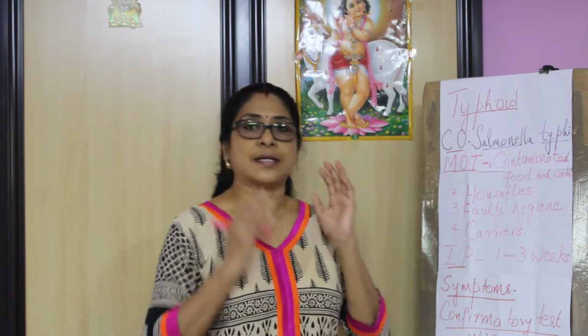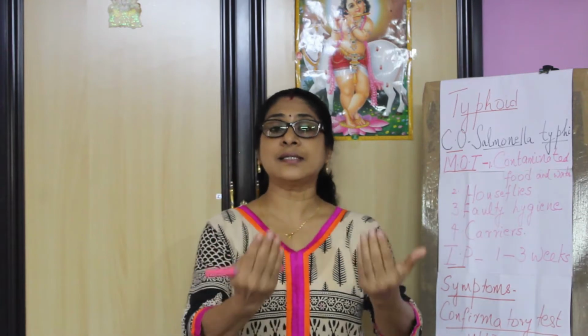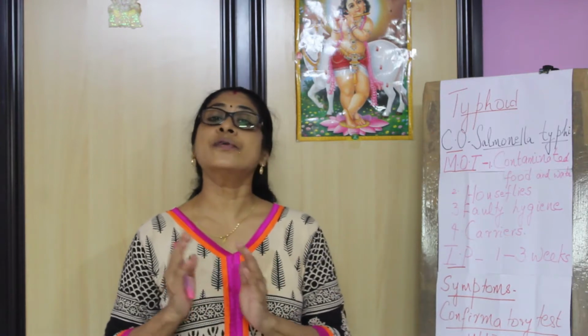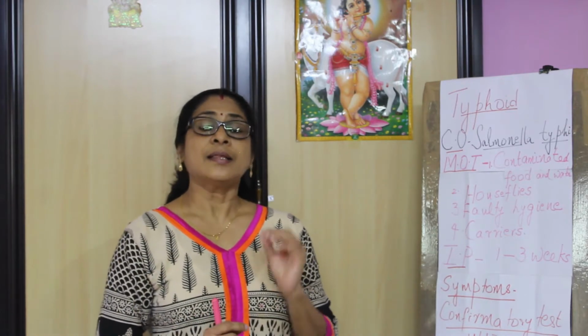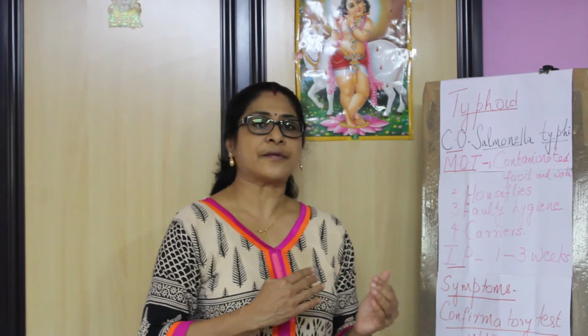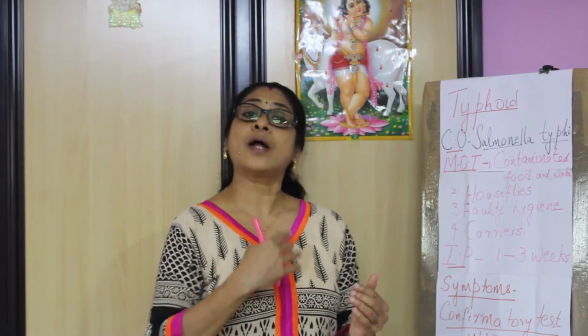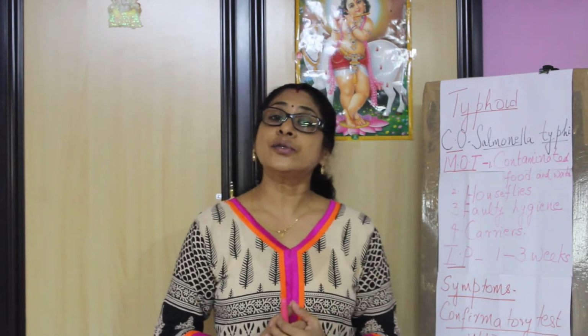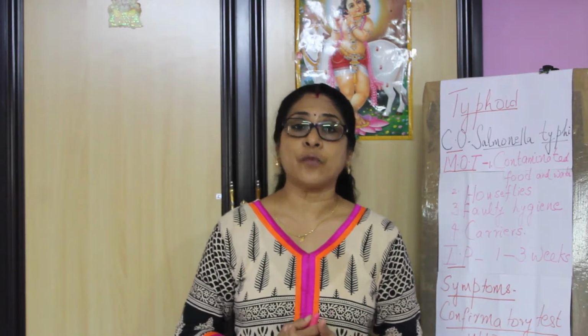Now let us discuss how this disease is transmitted from one person to another, or the mode of transmission. There are different ways by which typhoid is transmitted. The first method is through contaminated food and water.